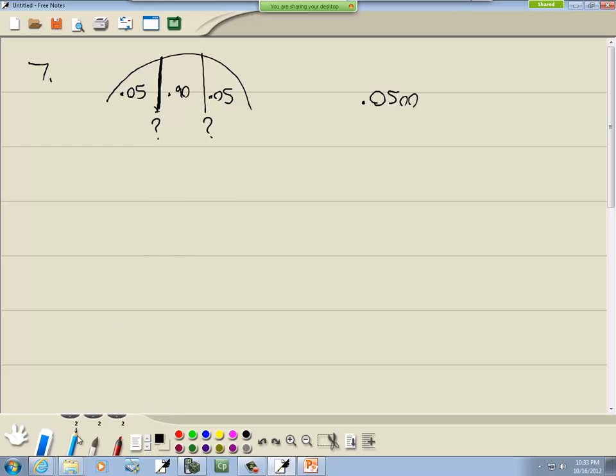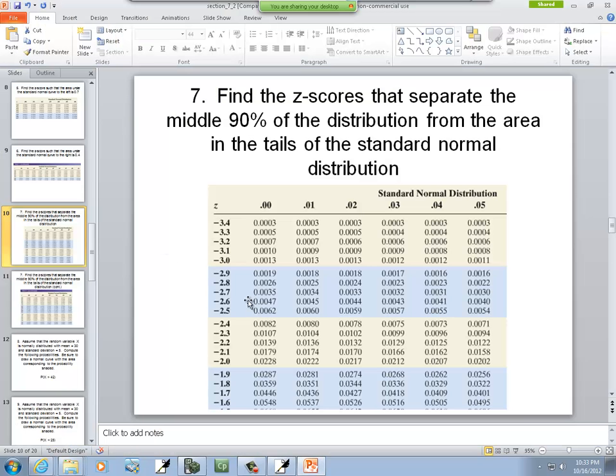Let's try it again. Okay. This one right here is negative 1.6, and I'm merging that. I'll put a little plus with a circle around it. And then if I went straight up to here, this would be 0.04, and this would be 0.05. So halfway in between will be 0.045.